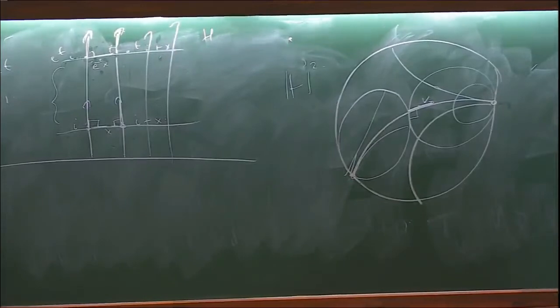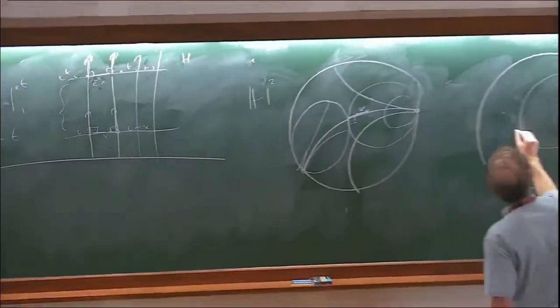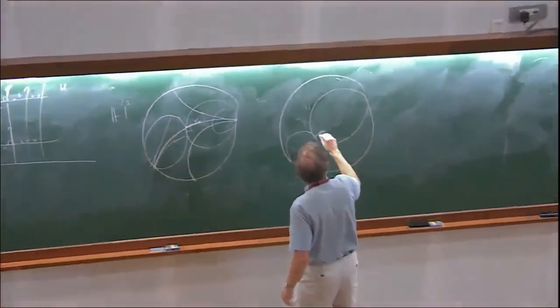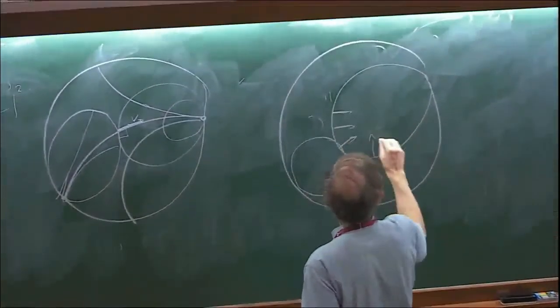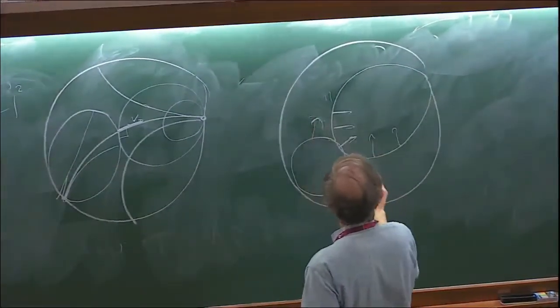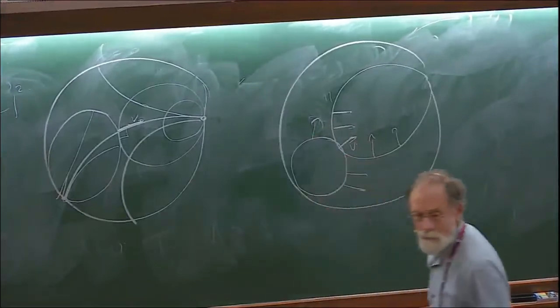in which I will just have two horocycles, and I can make my vectors look a bit more perpendicular to the horocycle.